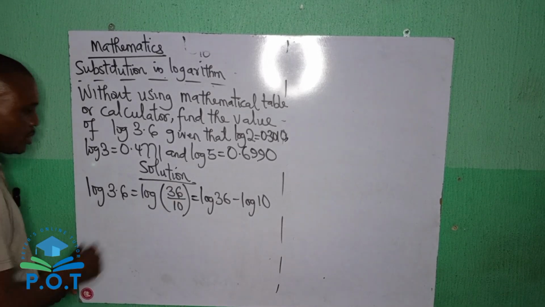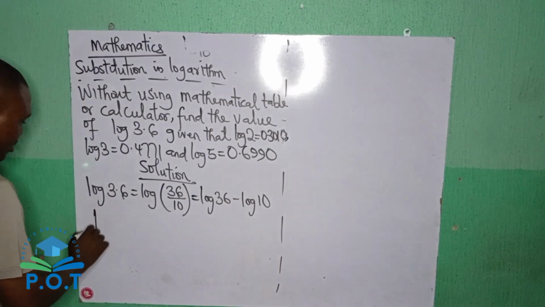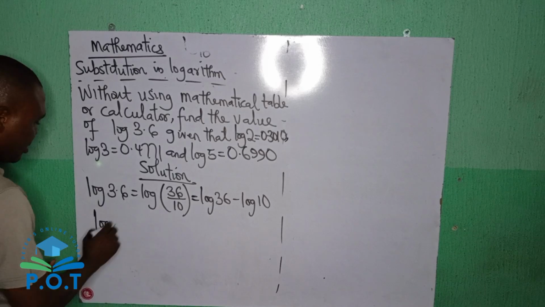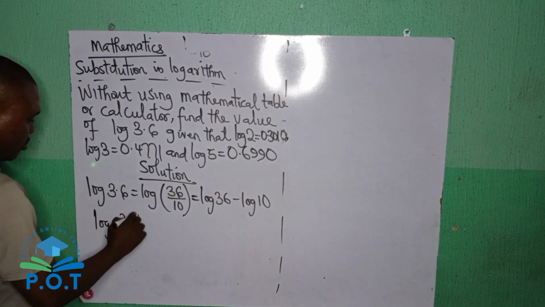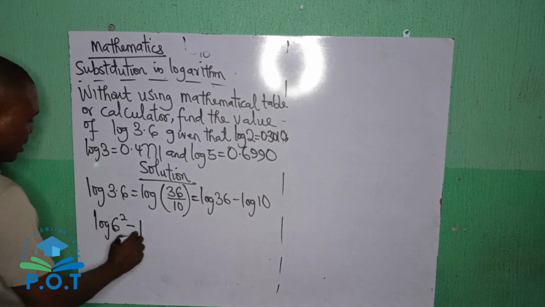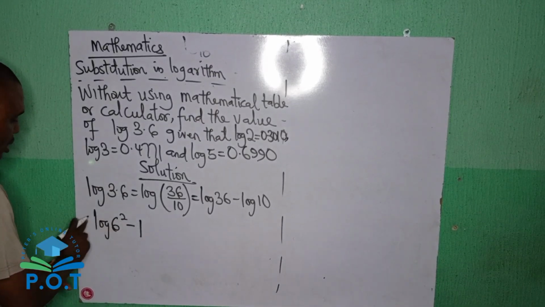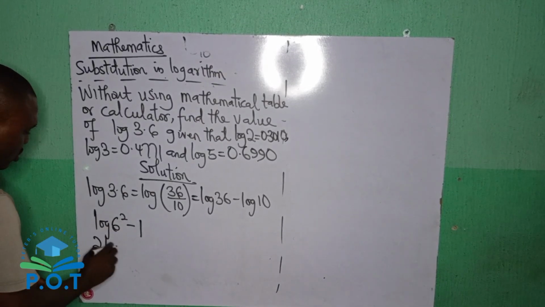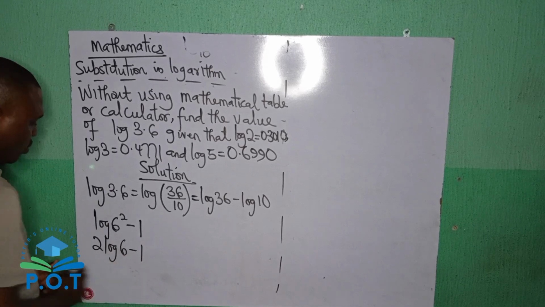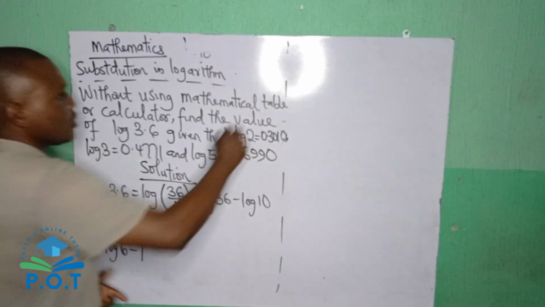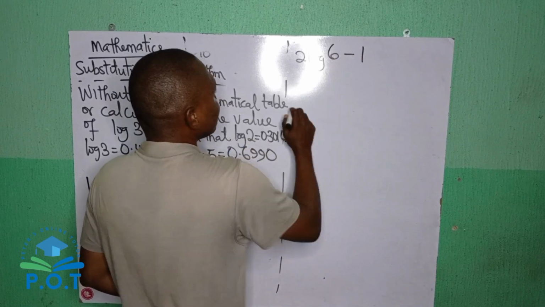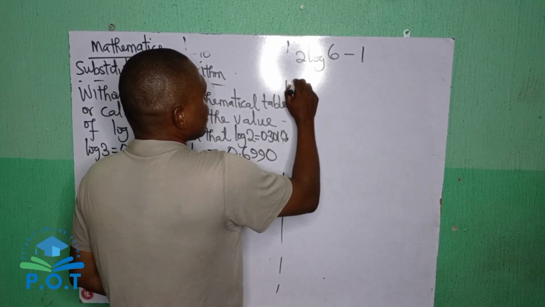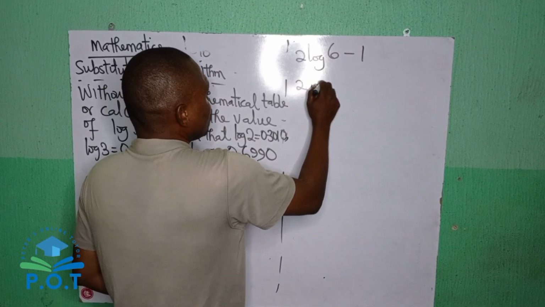Now, log 36 is the same thing as me writing 6 raised to the power 2 minus log 10 base 10 is 1. Okay, now 2 can come here, 2 log 6 minus 1. All right, so if I have 2 log 6 minus 1, this can be written as 2 log.